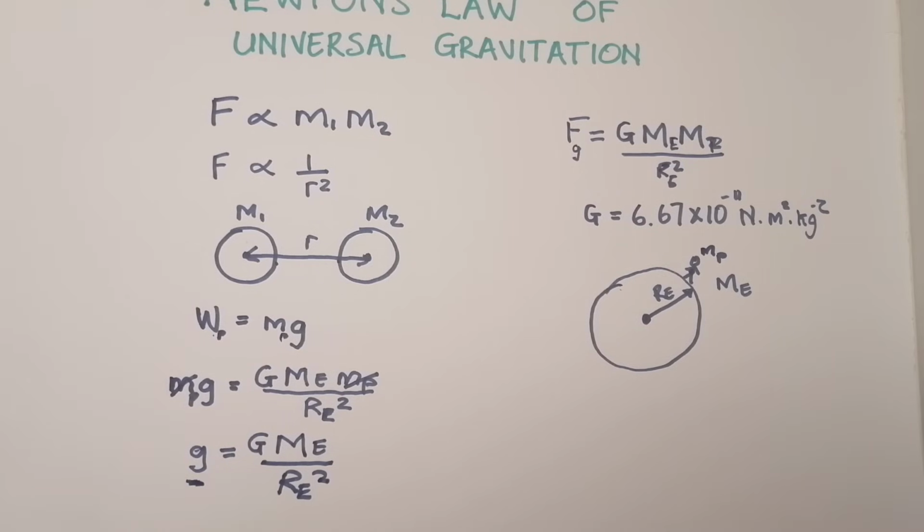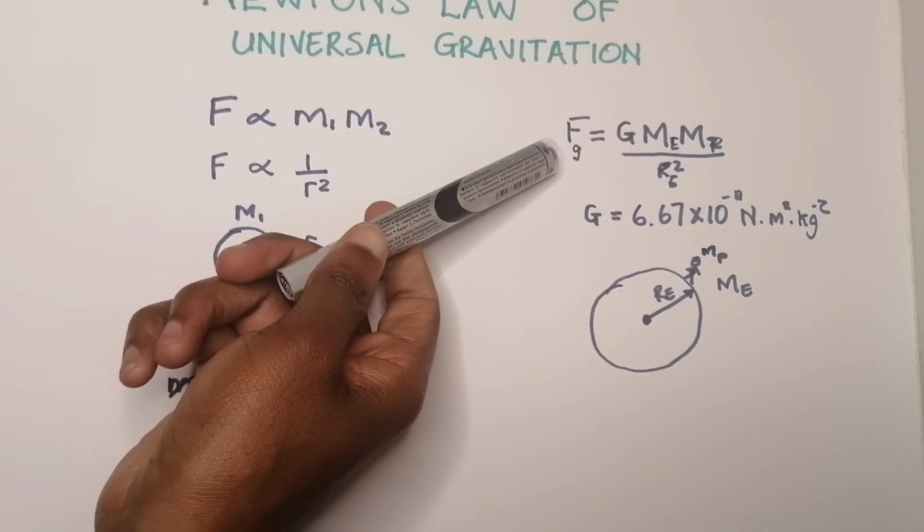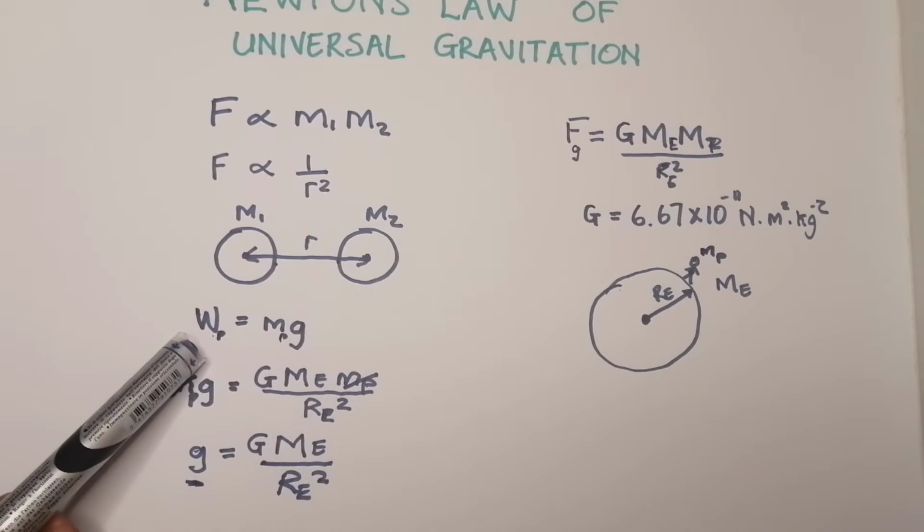Remember, every object experiences, well, here on Earth, that is, a gravitational acceleration of 9.8 meters per second squared. That's what the average actually is. So whenever the examiner asks us to prove that gravitational acceleration, please note there's a difference between gravitational force, which is this guy here, and gravitational acceleration.